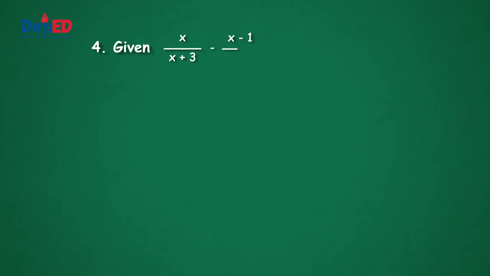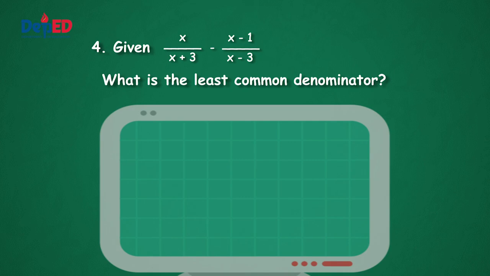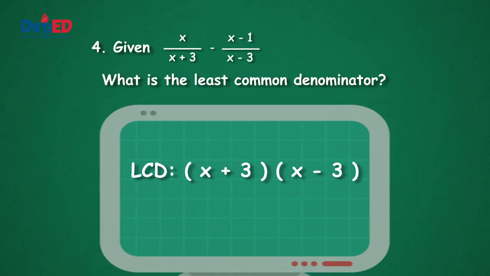For this item, we are given x all over x plus 3 minus x minus 1 all over x minus 3. Now, what is the least common denominator? Since the denominators do not share common factors, we write it as the product of x plus 3 and x minus 3, or x squared minus 9.